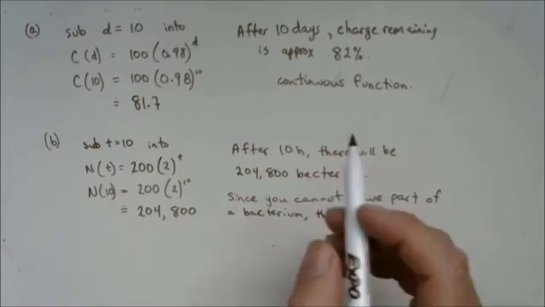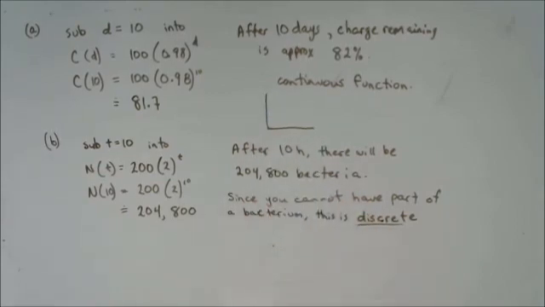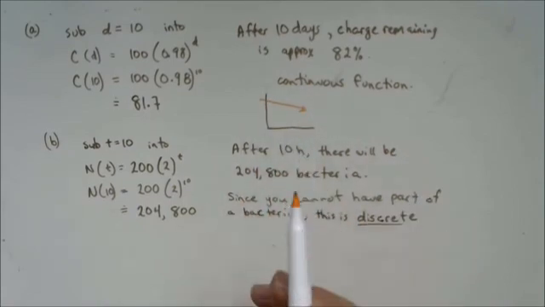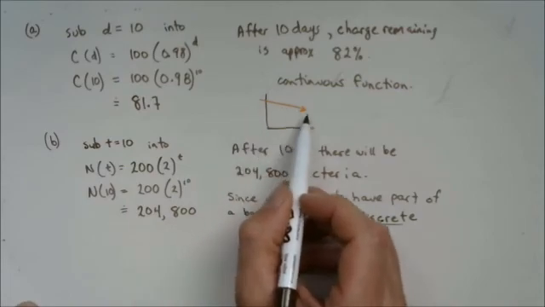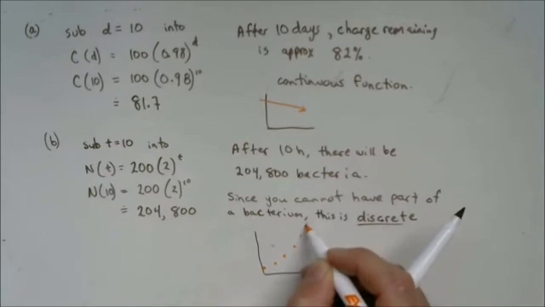But basically, this graph has the battery level going from 100 and going down 2% every day. And by the way, I can use a line to show that it's continuous. Here we have a discrete graph and it's exponential. It starts at 200 and it might look something like this.